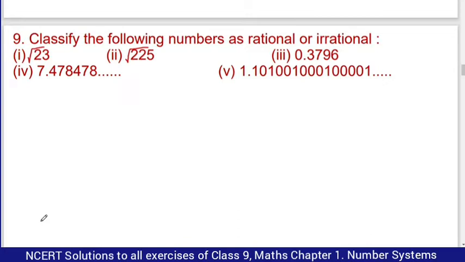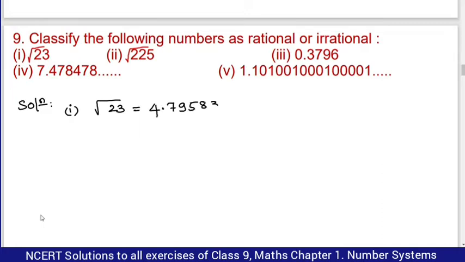Ninth question. Classify the following numbers as rational or irrational. I will be solving one by one. Solution for the first one. Square root of 23, which is equal to 4.79583152 and so on.